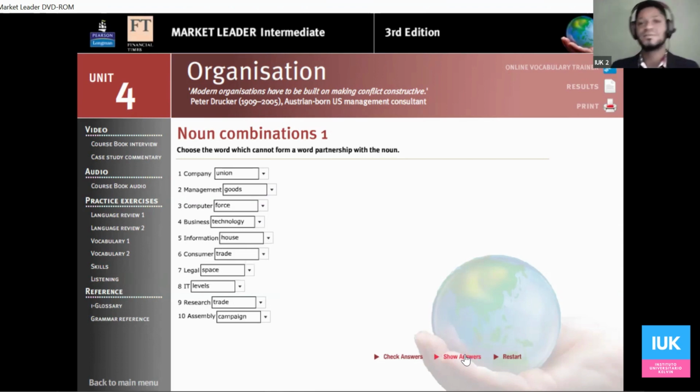Consumer trade. What does this even mean? Seven, legal space. People would say legal contract, legal department, but never really say legal space. Eight, IT levels. Of course, people would typically say IT costs, IT staff, but never really say IT levels.